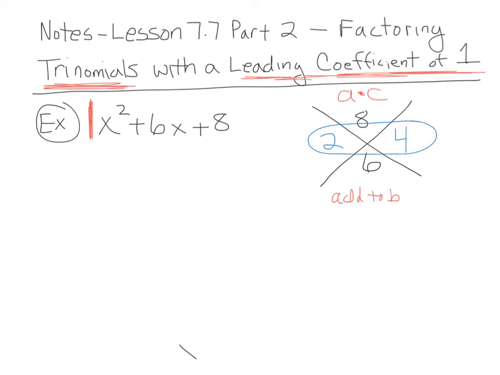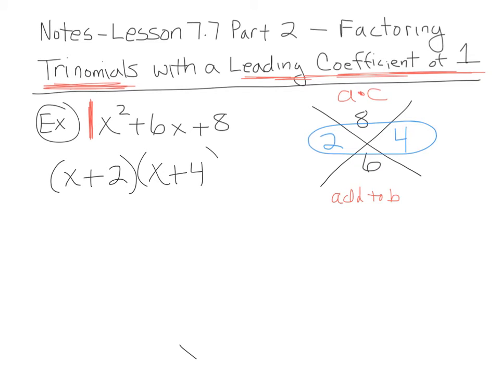Now, with these kinds of trinomials with a leading coefficient of 1, all you have to do right now is use these numbers in 2 separate binomials. So you're going to be done in the very next step. You're just going to go x plus 2 and x plus 4.